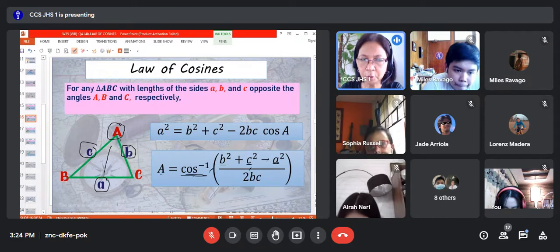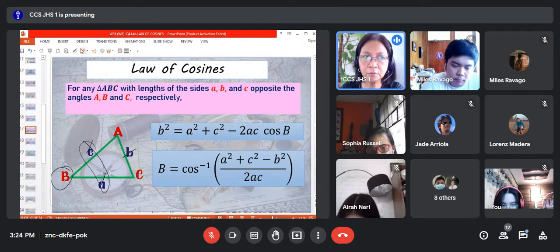You square first the sides adjacent to angle A, add them, minus the square of the side opposite angle A, all over 2BC, and then get the inverse cosine.